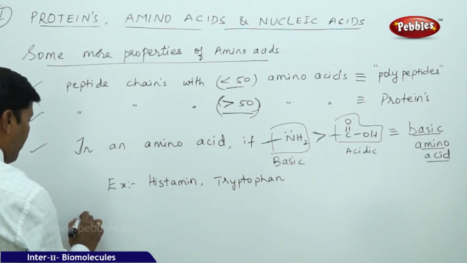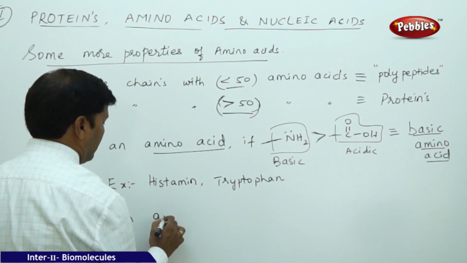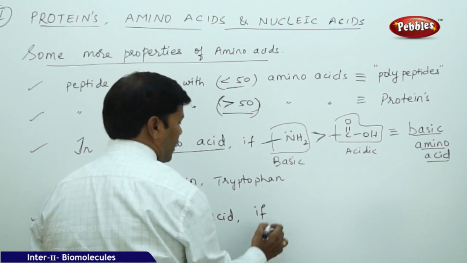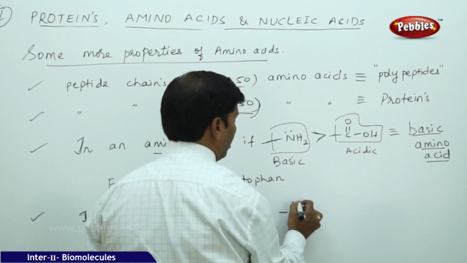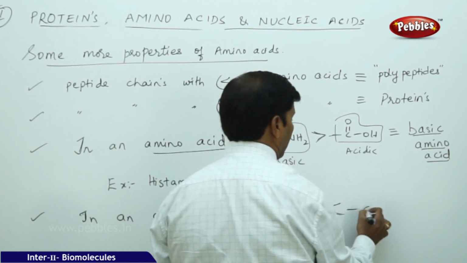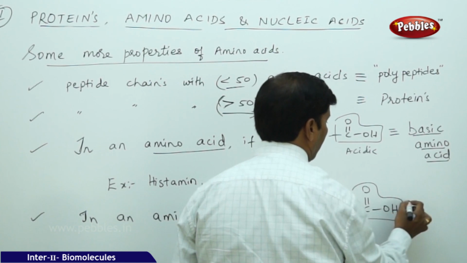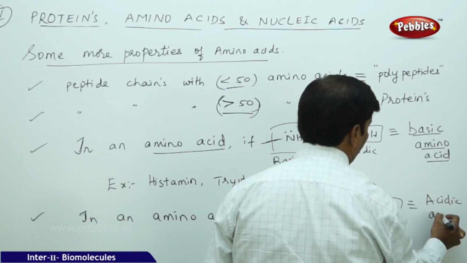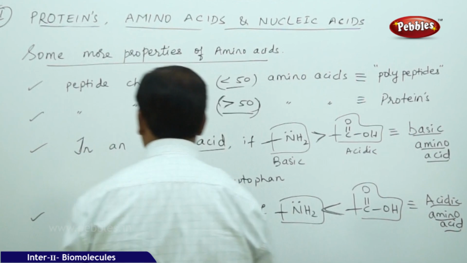Similarly, in an amino acid, if a greater concentration of the carboxyl group is present than the amino group, then such an amino acid is going to become overall an acidic amino acid.